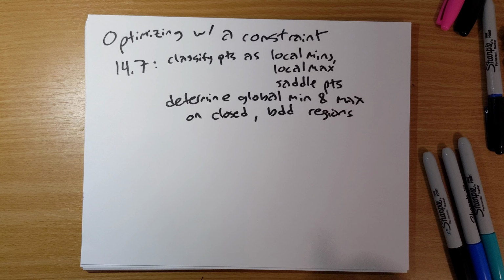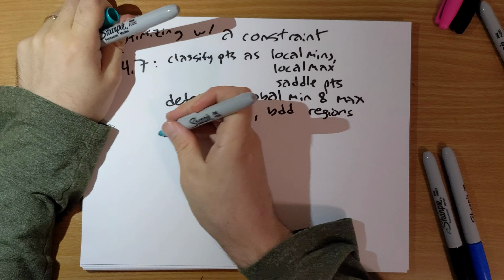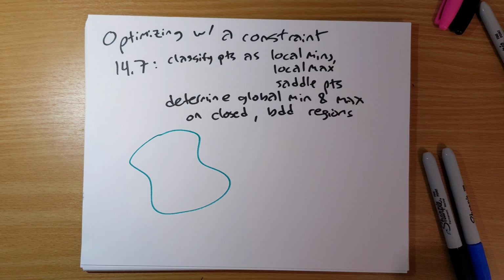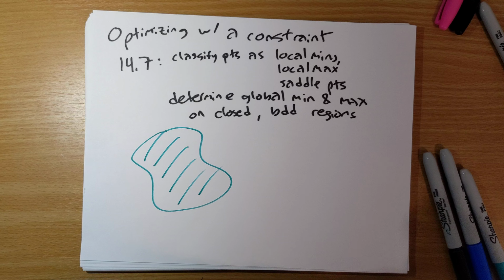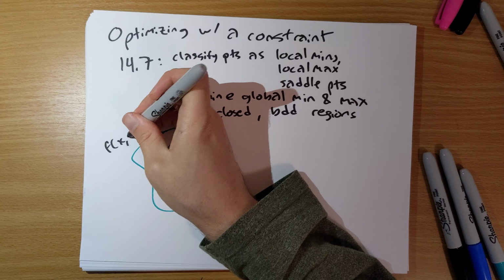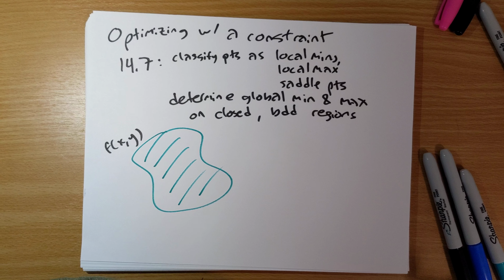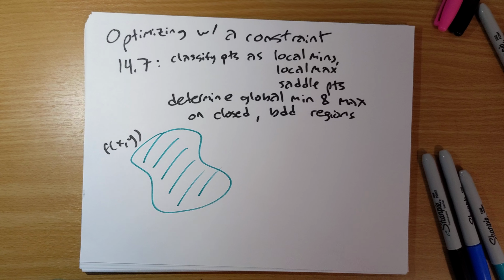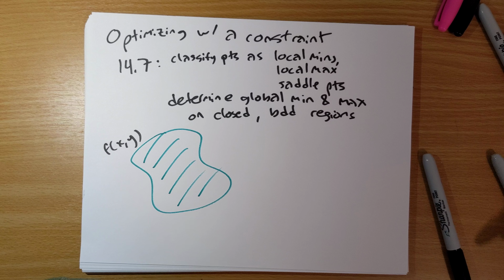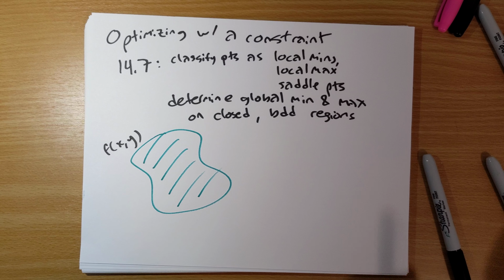So the idea here is that we have this region, and we have some function f of x, y, and we want to ask ourselves, what's the biggest that f of x, y can get on this region? That's what we did last section.